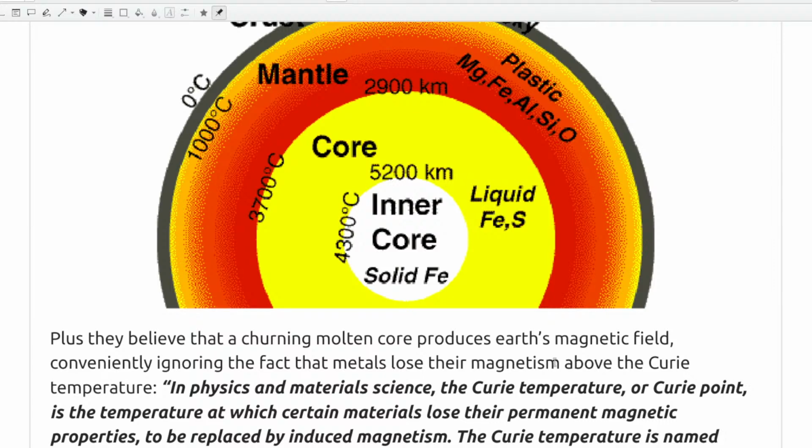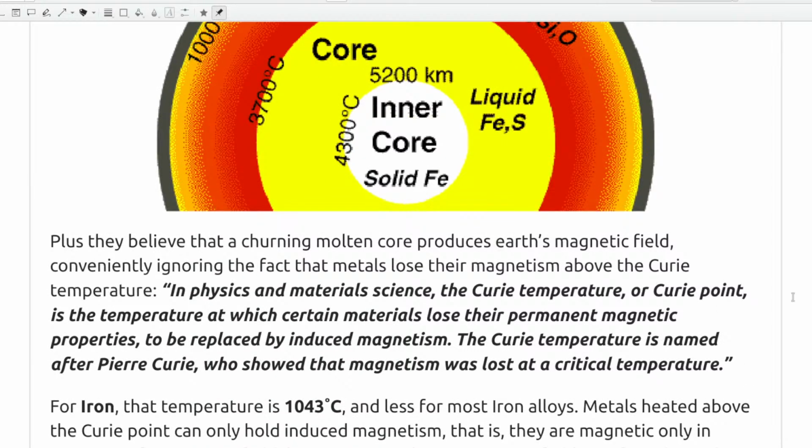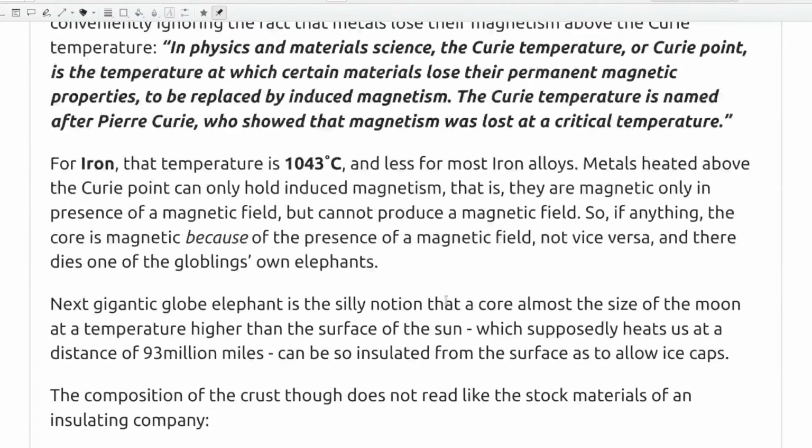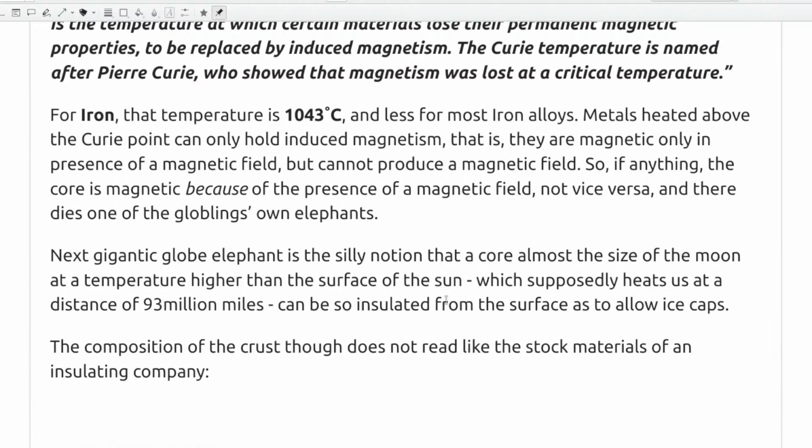In physics and materials science, the Curie temperature, or Curie point, is the temperature at which certain materials lose their permanent magnetic properties, to be replaced by induced magnetism. The Curie temperature is named after Pierre Curie, who showed that magnetism was lost at a critical temperature. For iron, that temperature is 1043 degrees Celsius, and less for most iron alloys.